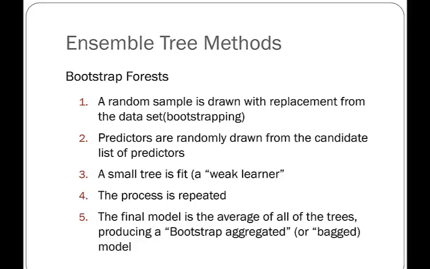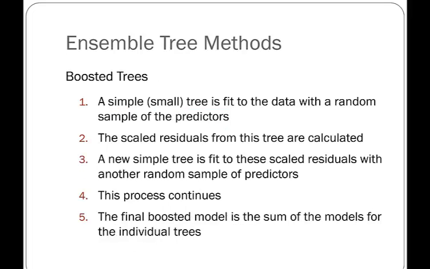So bootstrapping is the notion of taking a random sample from the data and using that in order to come up with estimates, and then repeating that process over and over again.